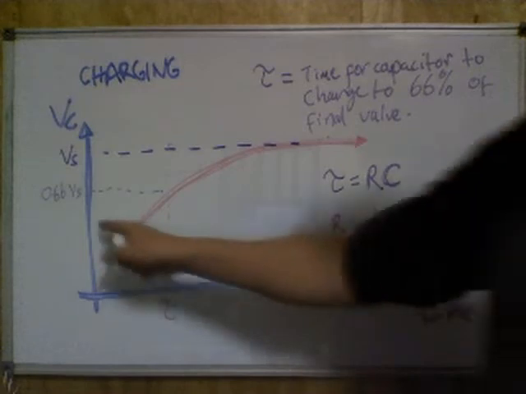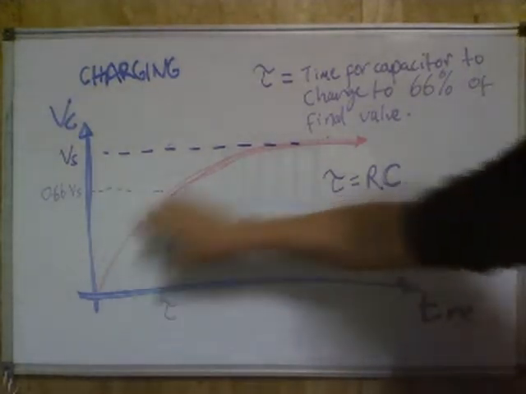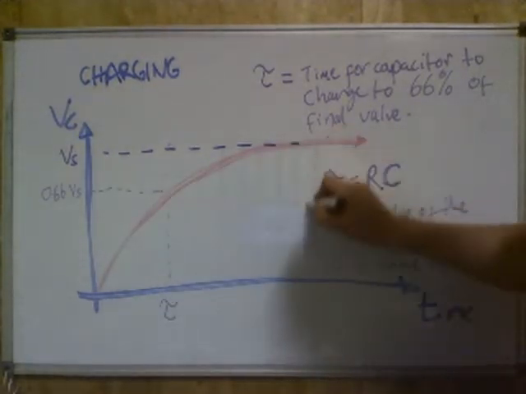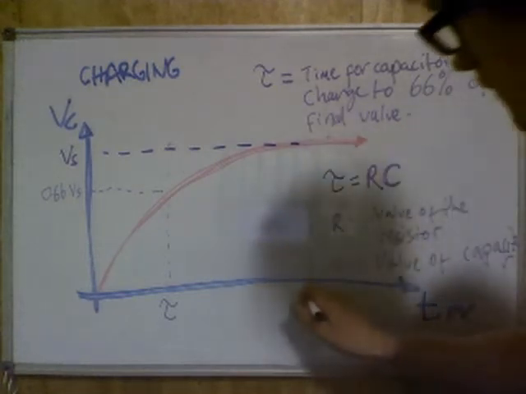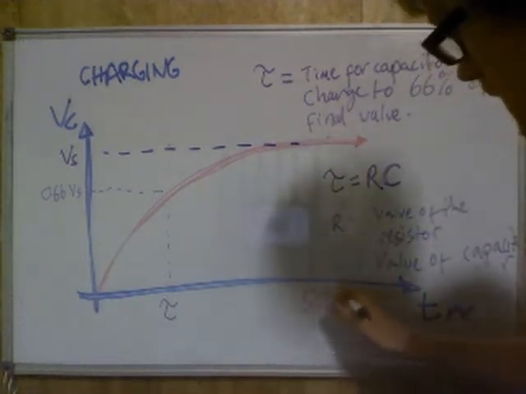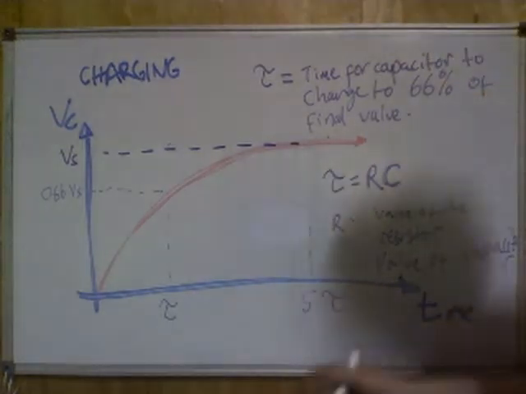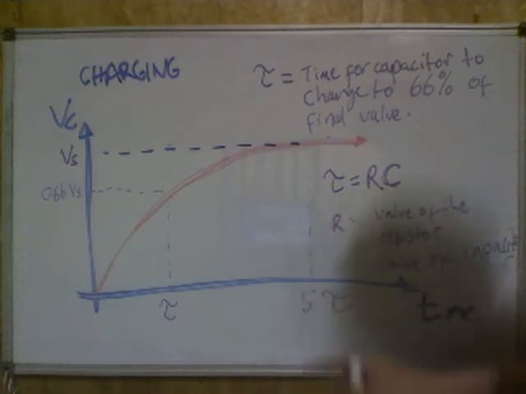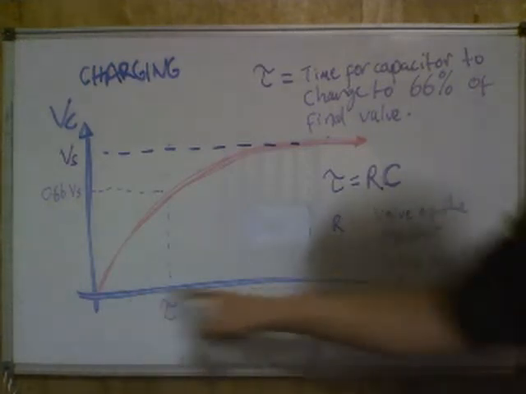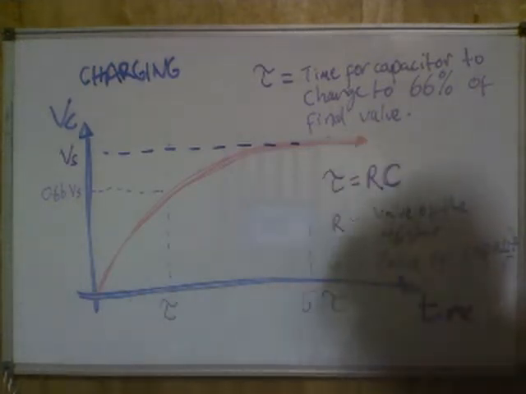And we usually say that for a circuit like this, the time it takes to charge to its full value is 5 tau. It'll take 5 time constants for the capacitor to reach its final value.